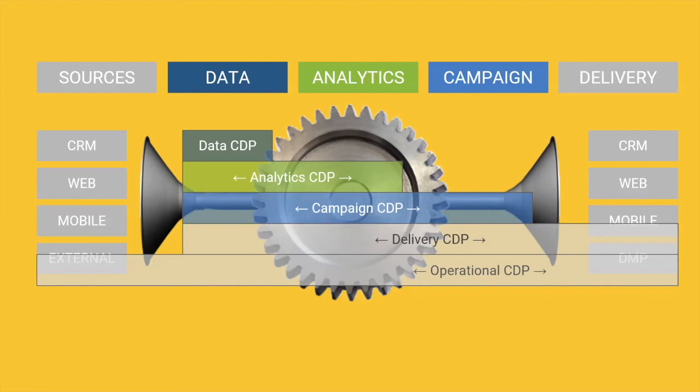If I need data and analytics and campaign, then I would like to find a CDP that has data and analytics and campaign capabilities. If for some reason I'm not happy with, say, my email provider or my CRM system, I might want a CDP that does that too, or even one that has operational capabilities like e-commerce.